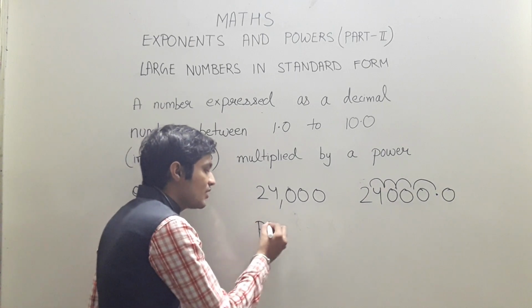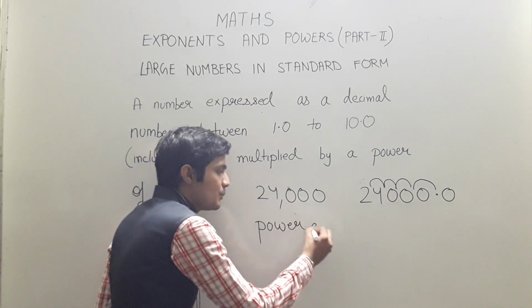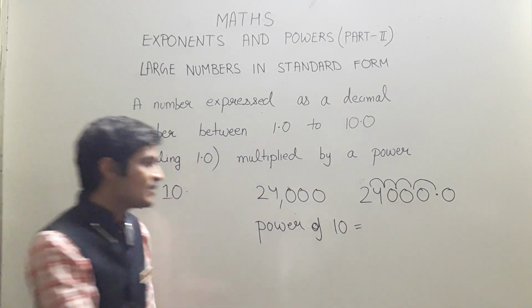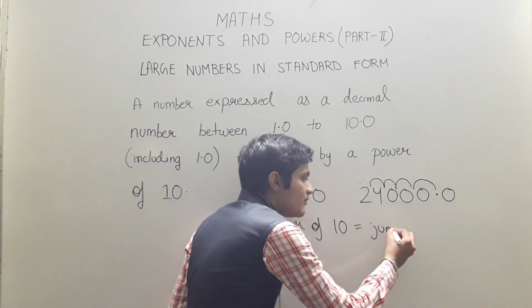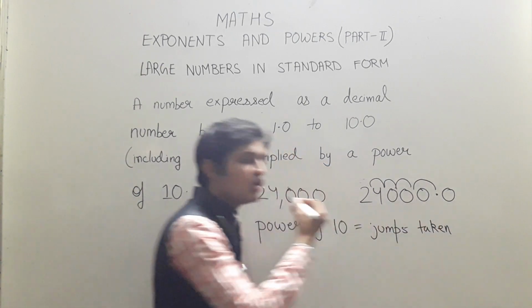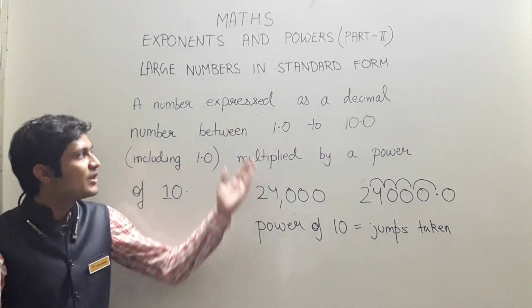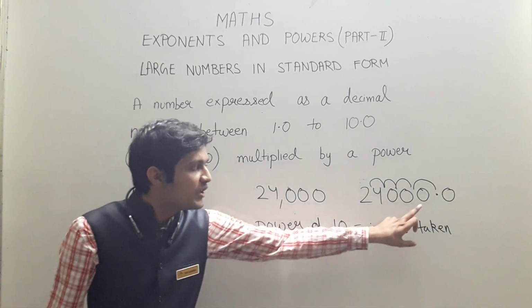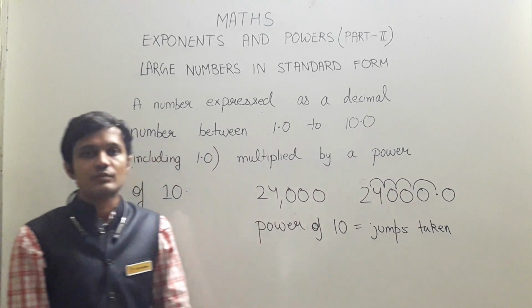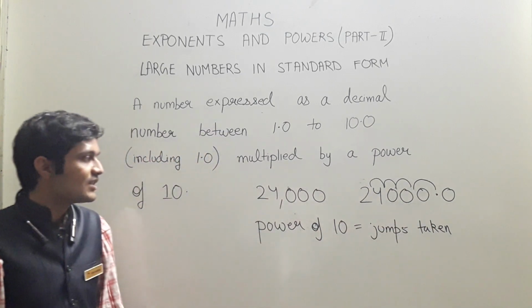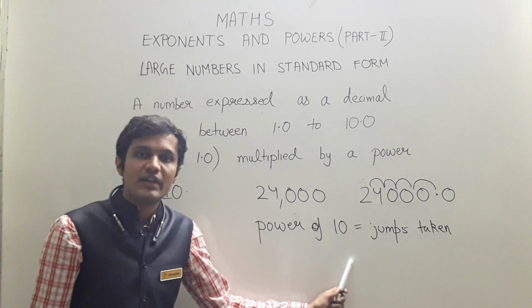So we can make a rule that the power of 10, or exponent of 10, equals the jumps taken to change that number to between 1 and 10.0. Okay. So here we are taking 4 jumps, or we are moving this decimal 4 places. So the power of 10 will be 4.